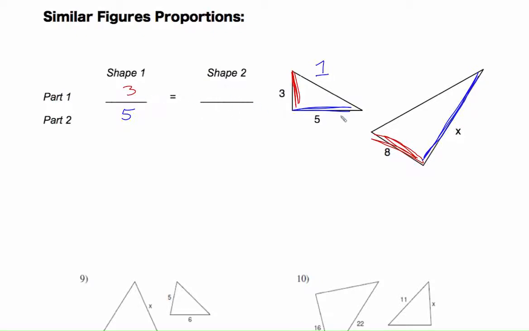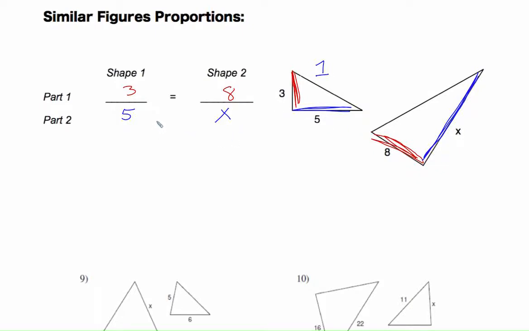So on shape 2, that first part is going to be this 8. All right, so an 8, and then the other part is going to be an x. So shape 1 has 3 over 5. Shape 2 has 8 over x, so 8 over x.